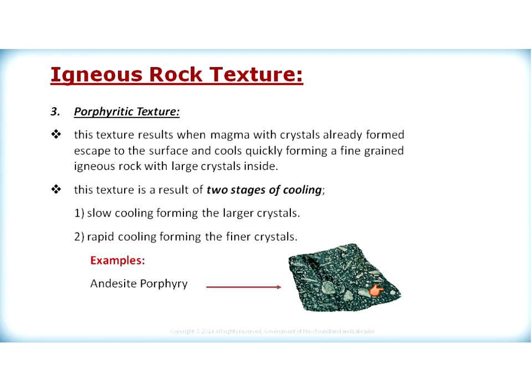So the key point to a porphyry texture is you would need to mention it includes 2 stages of cooling: slow cooling beneath the surface, forming large crystals, and fast cooling when it erupts to the surface, forming the fine crystals.